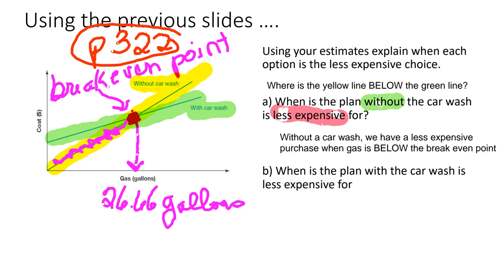So anything below the break-even point is where my prices are going to be less. But then look at B. When is the plan with the car wash least expensive? This is saying, where is the green line below the yellow line?